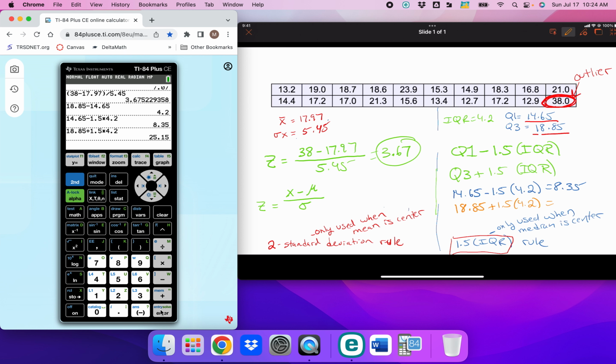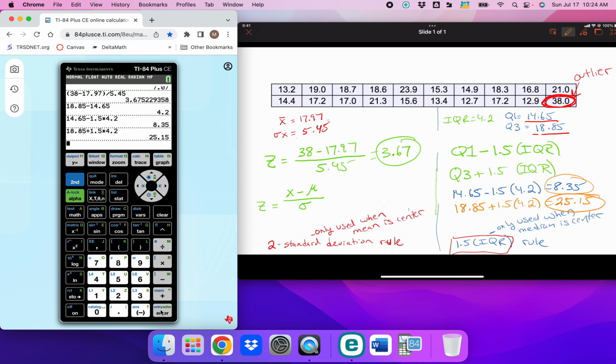Gives me 25.15. So anything lower than 8.35 or higher than 25.15, those are my lower fence and my upper fence. Anything lower than 8.35 or higher than 25.15 is an outlier.